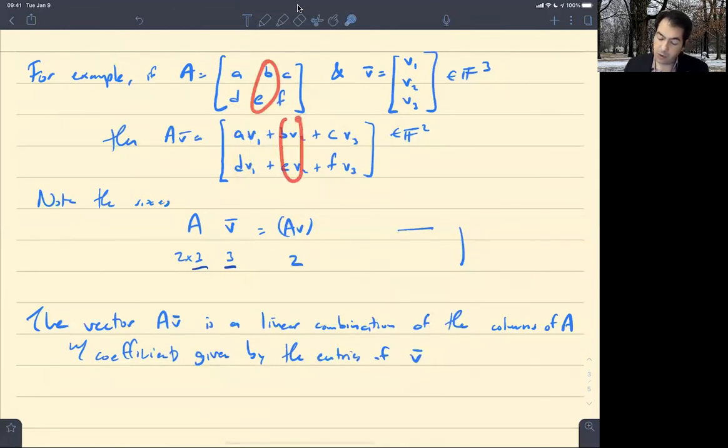This column appears here, multiplied by V2. And this column appears here, multiplied by V3.